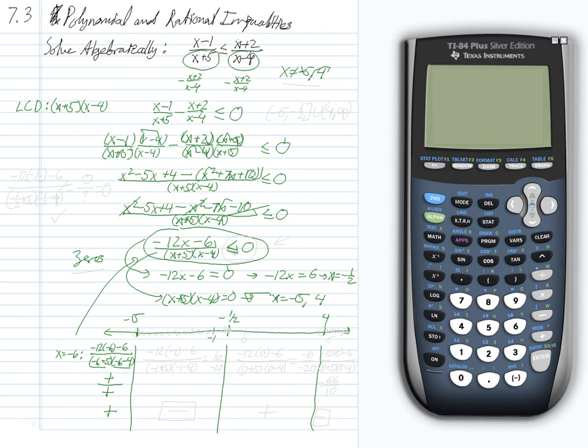So if I plug negative 1 in, my function is negative 12 times negative 1 in the numerator minus 6, all over negative 1 plus 5, negative 1 minus 4. So my numerator would be 12 minus 6, that's 6, over negative 1 plus 5 gives me 4, times negative 5, negative 20.